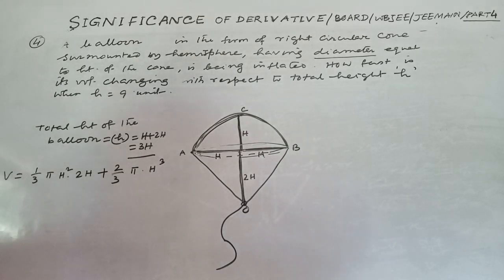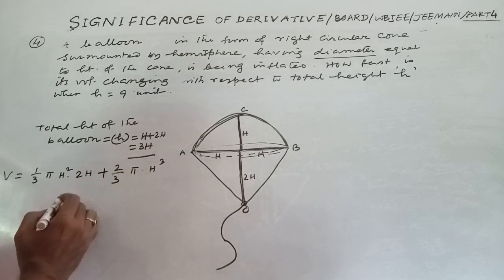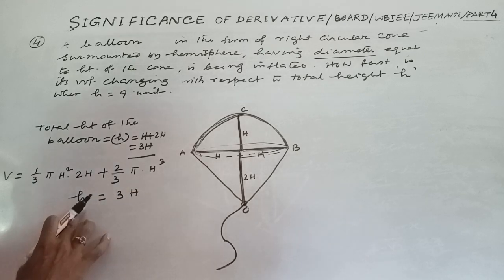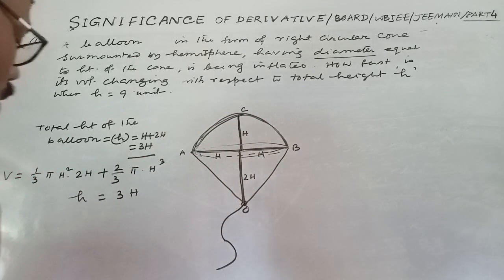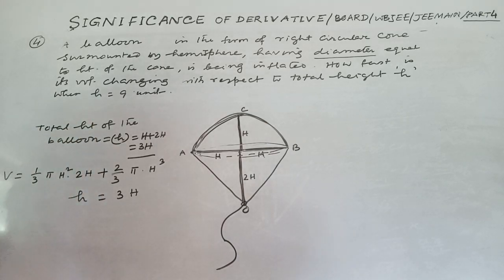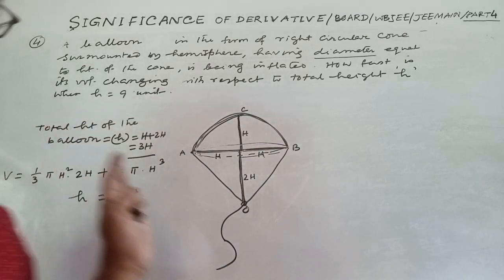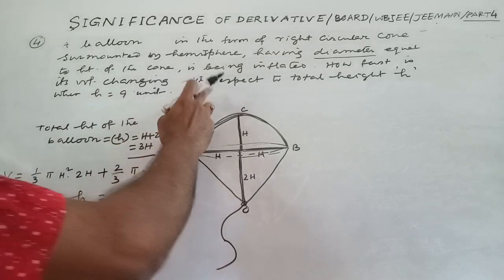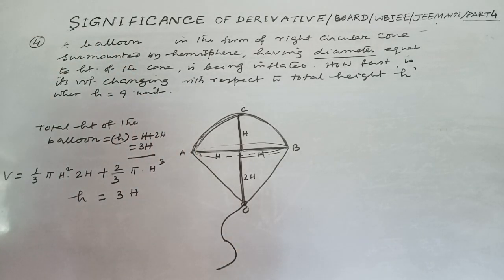Now, what is the relation between small h and capital H? Small h is the total height of the balloon. So we want to express capital H in terms of small h, because you have to find the rate of change of volume with respect to total height.